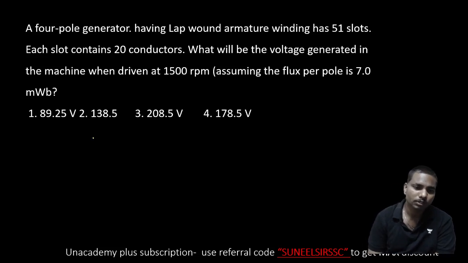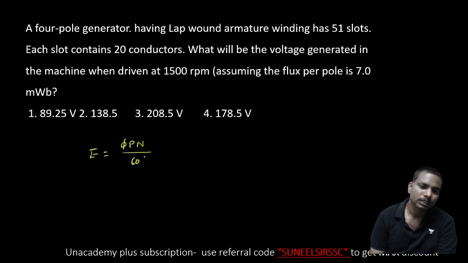In that formula, it is very important to check which type of winding and also the number of conductors. E is equal to ΦPN by 60 into Z by A. Remember, the very important things are the type of winding, lap or wave, so we have to concentrate on this. Second point, the number of conductors.